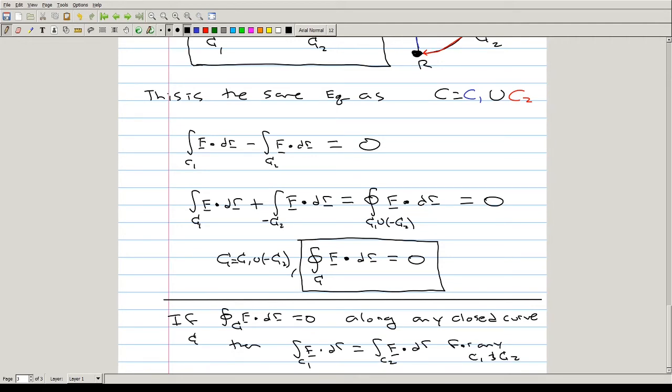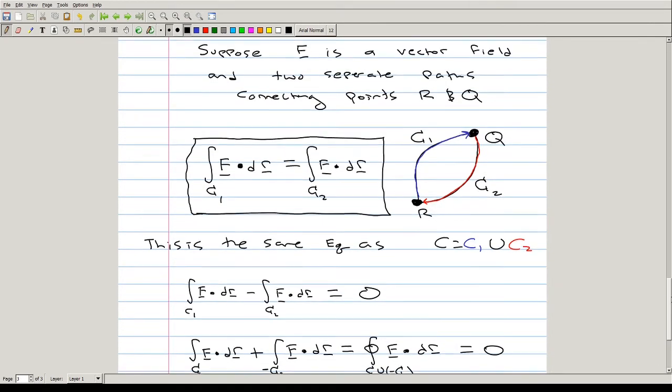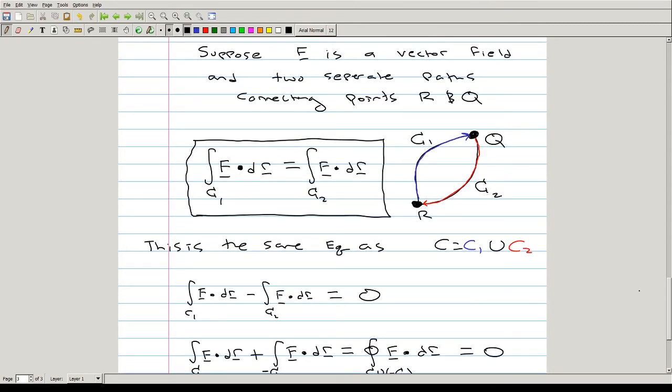And I recommend you go through and try and show that. It's relatively straightforward. It just involves being able to find, for a given C1 and C2, being able to express that C1 and C2 as a closed curve, which we've already kind of talked about right here. So this is really nice, though.